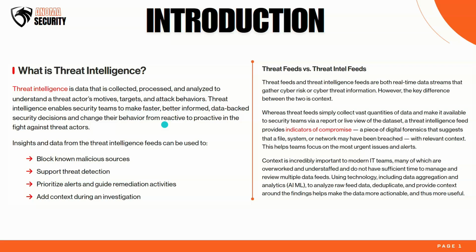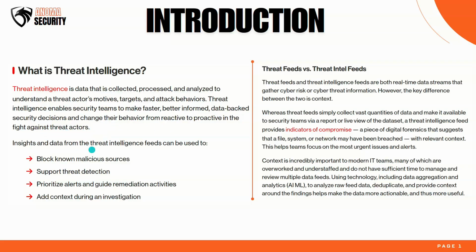Here the words are reactive and proactive. Reactive is something which you do after the incident has happened. Proactive is something you prepare for in advance so that the incident can be mitigated, to fight against threat actors.